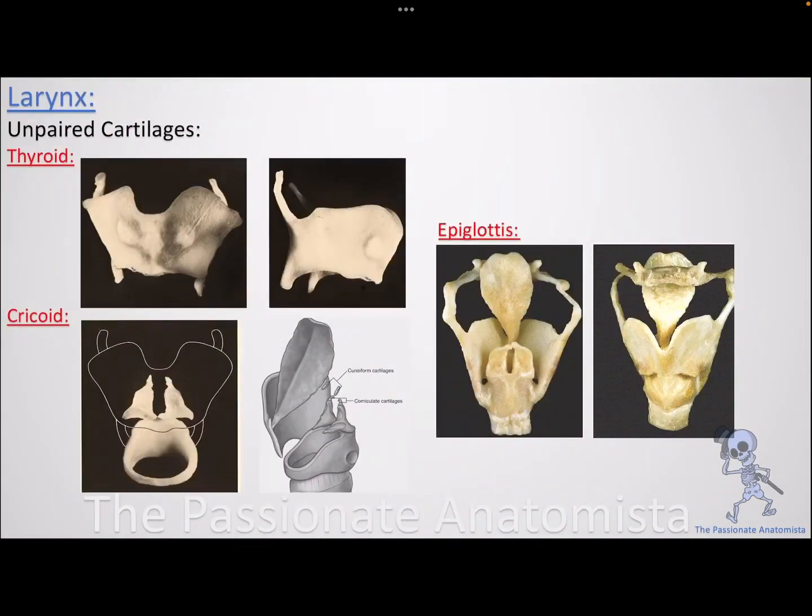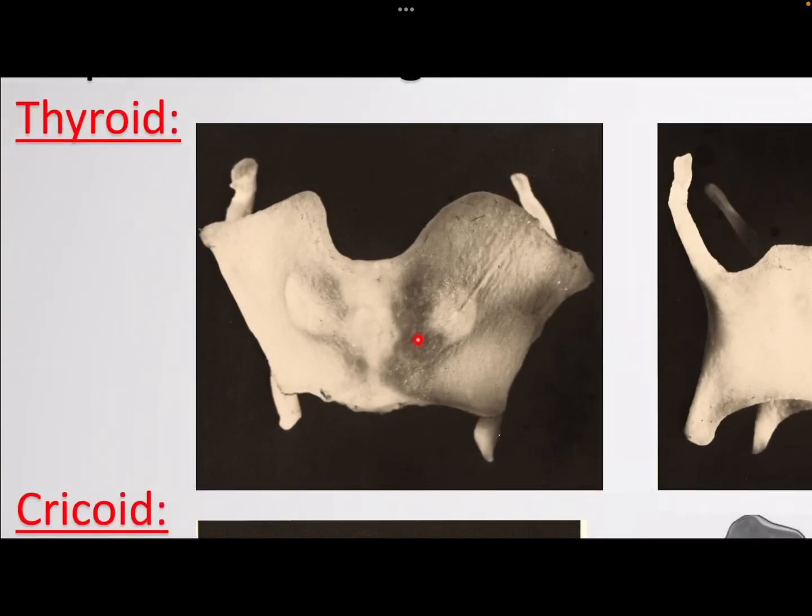All right, now let's see the structures of the unpaired cartilages. We have the thyroid, all right? So the thyroid is formed of two laminae, right and left. Lamina means something like a layer, and these two laminae will come and fuse together in the center to form the laryngeal prominence. This is what we call the Adam's apple.